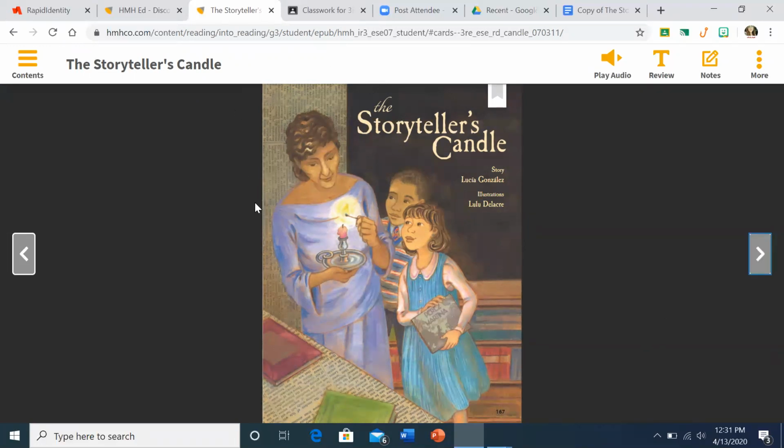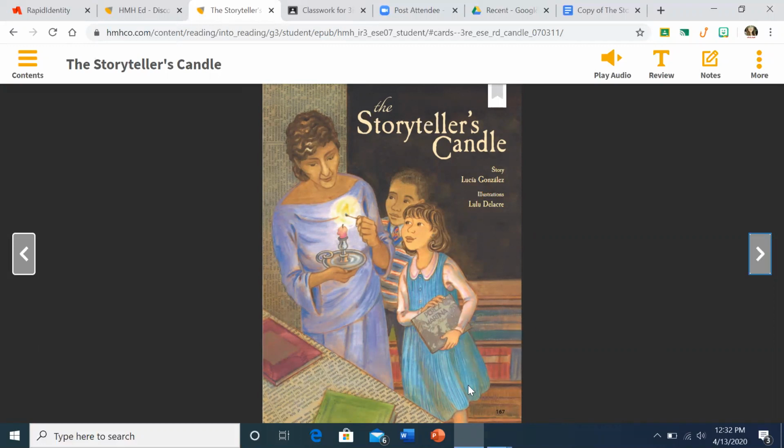Based on the cover, something that stood out to me is the words. It looks like words back behind there. And it almost looks like they're in a library because I see a lot of books lined up and they're all the same book. So either like a textbook, you know how in a classroom, all our textbooks will be lined up on the bookshelf and they're all the same.